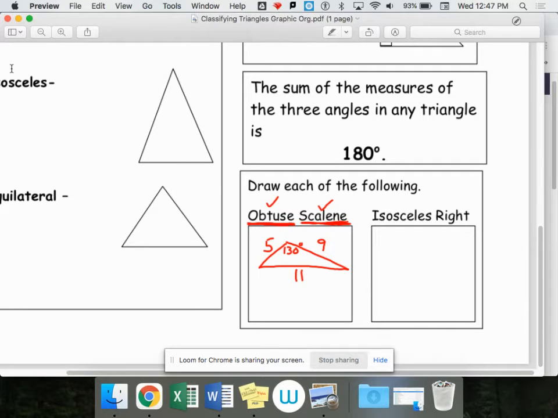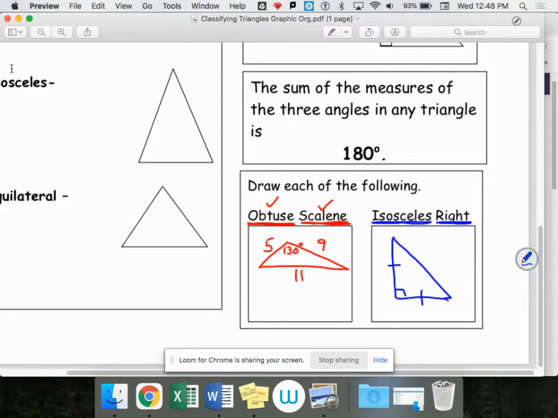On this next one, isosceles right, we're looking at a triangle that has one 90-degree angle and 2 sides are the same length. So I'm going to draw myself a right angle there, put my box. And we know 2 sides have to be the same length, so I'm going to draw congruence marks through 2 of my sides.